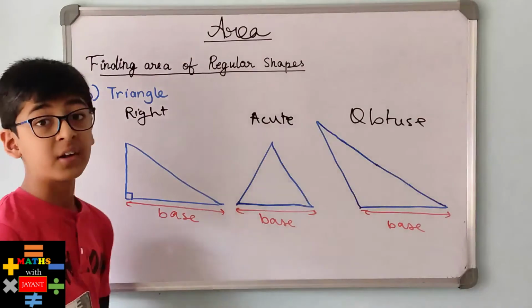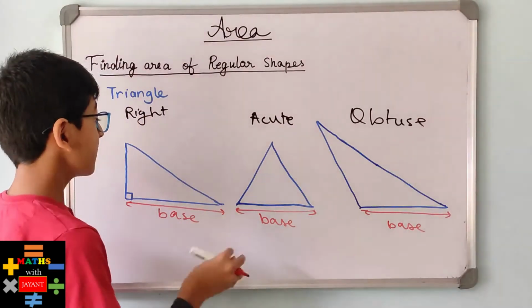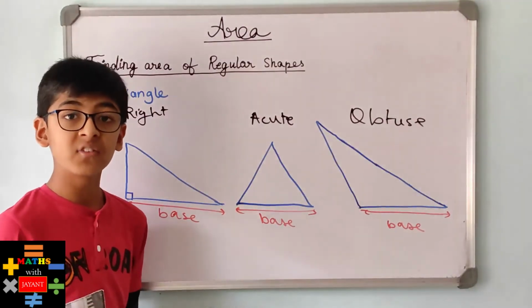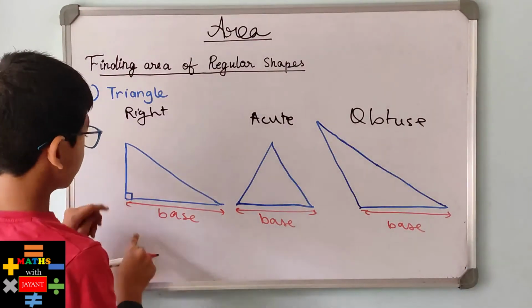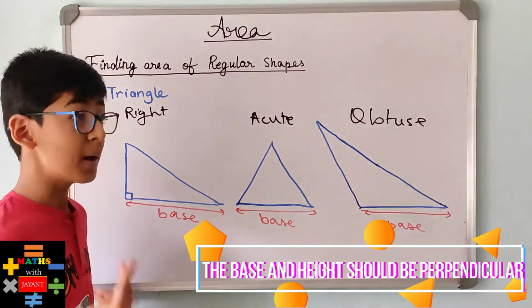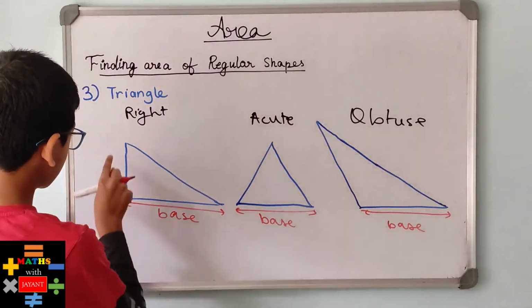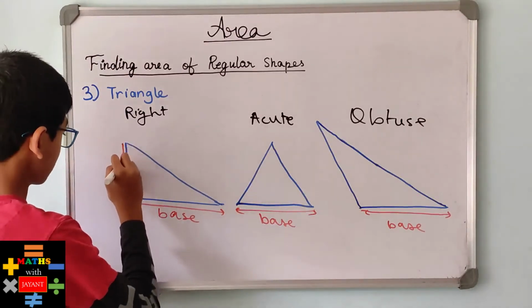Now let us figure out the height. The height is not always necessarily a side of a triangle. There is one thing that we need to know about height and base, that base and height have to be perpendicular. What do I mean by this? Over here, can we take this line as our height? Yes, we can.